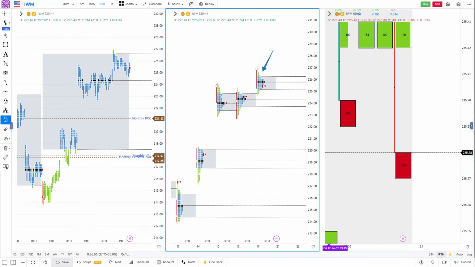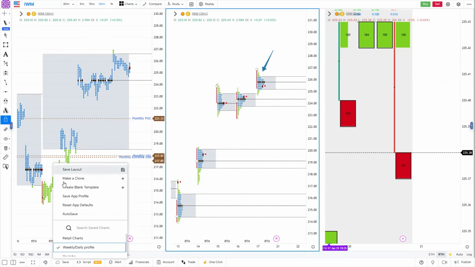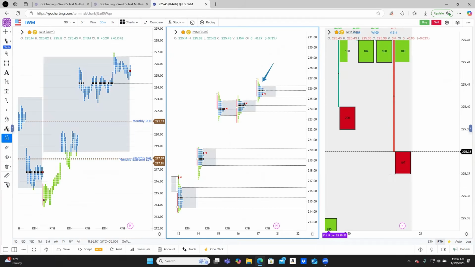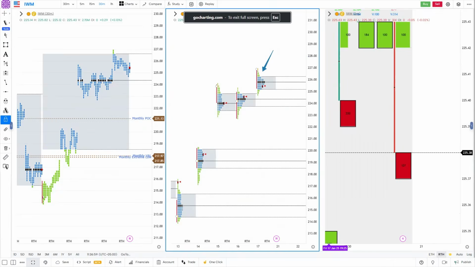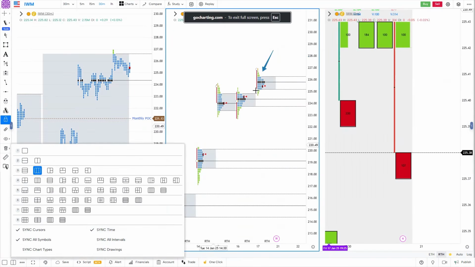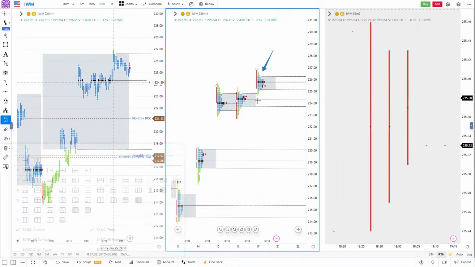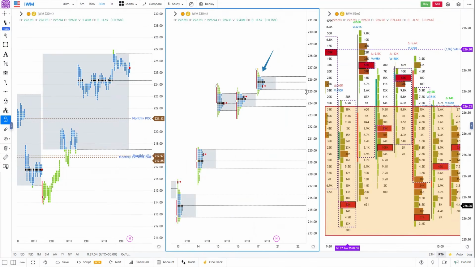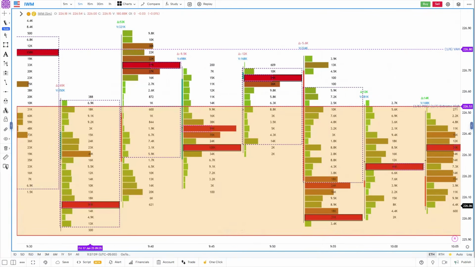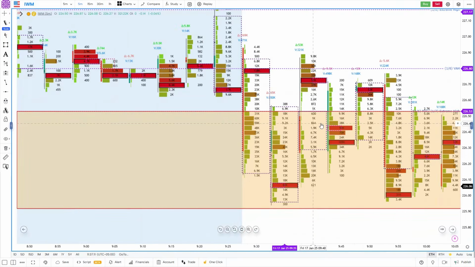So give me a second to adjust it real quick. If I can find the right, there we go. Give me a quick second to adjust, to make it easier to see.